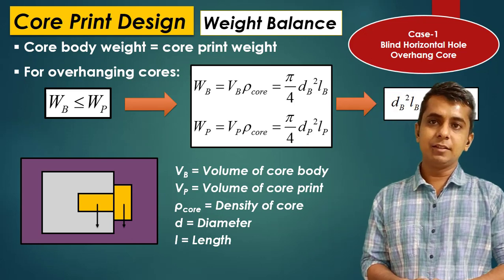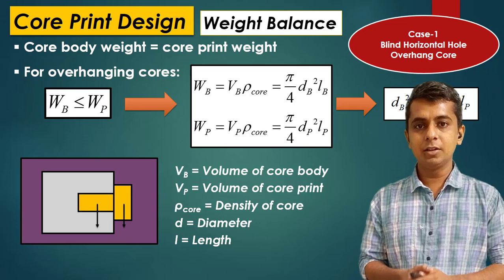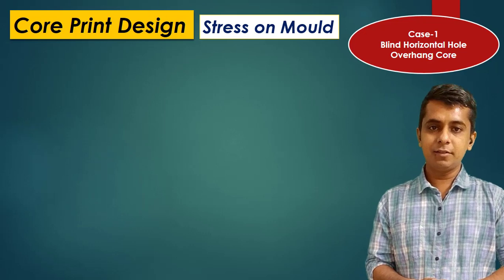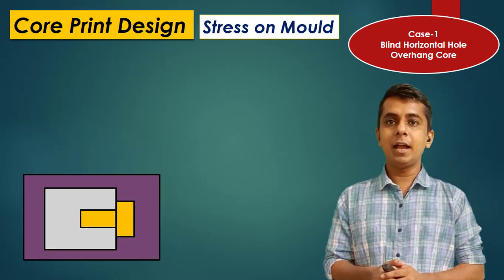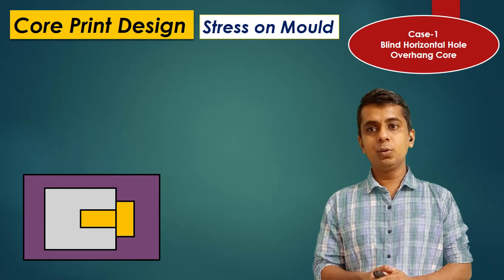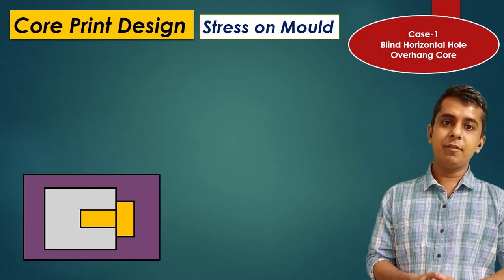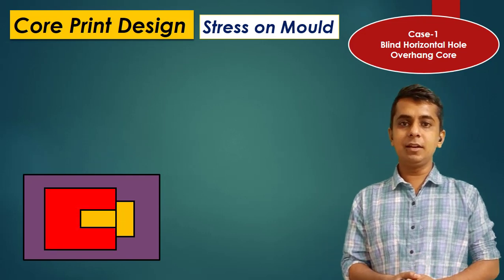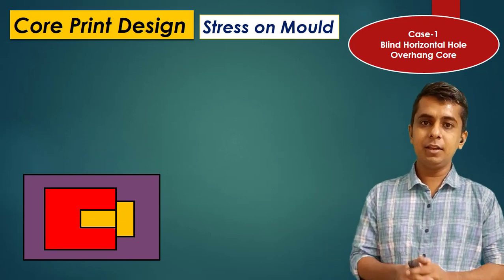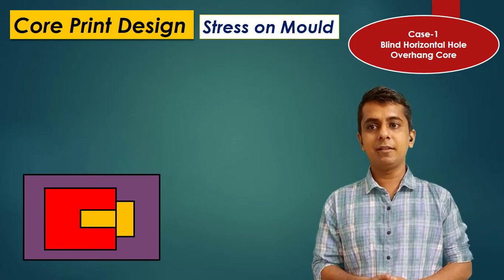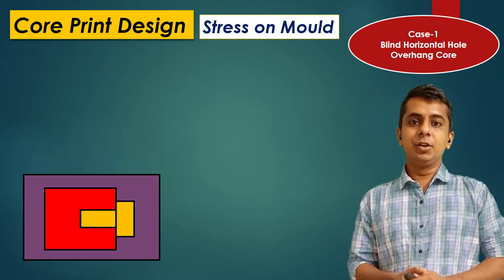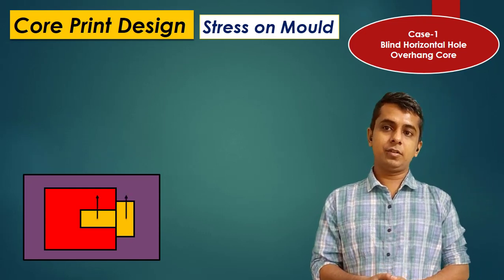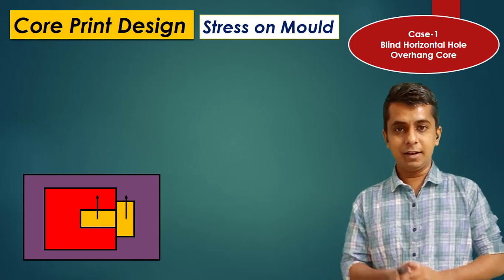Then the next thing is the stress on the mold caused by the core print. Here you can see, for the same case of the blind horizontal hole, the core is overhang type, and after filling of molten metal, the red color indicates the filling of the cavity with the molten metal. Due to this molten metal, there may be a buoyancy force in an upward direction.